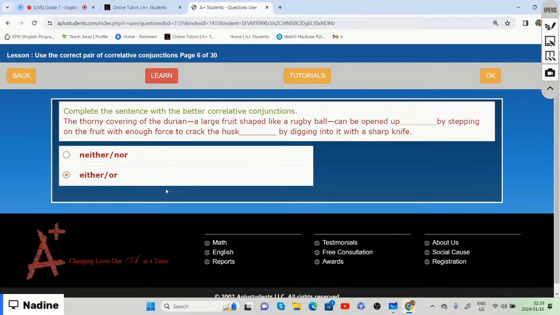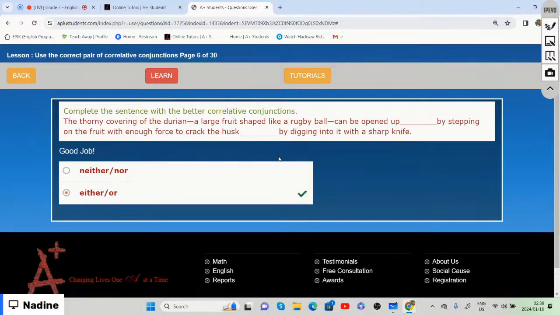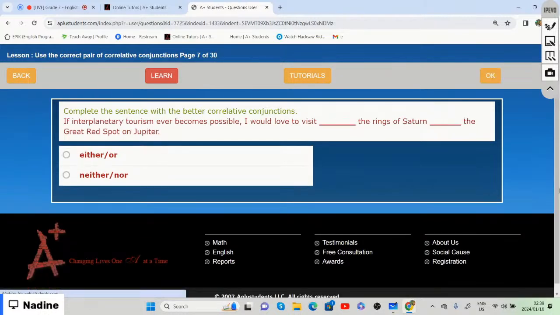So we're going to choose either or. So either or, that is the choices.